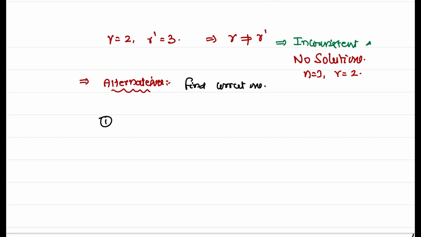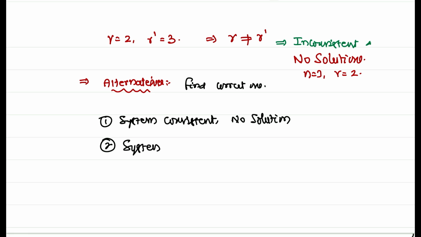1. System consistent, no solution. 2. System non-consistent but infinite solutions. 3.